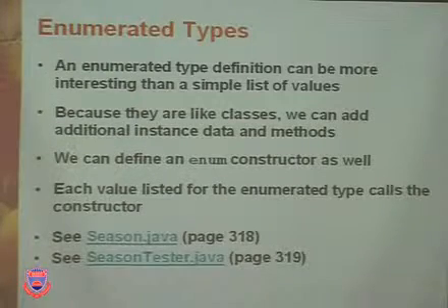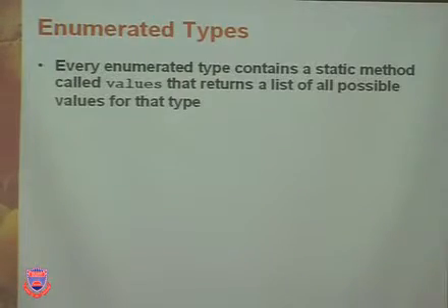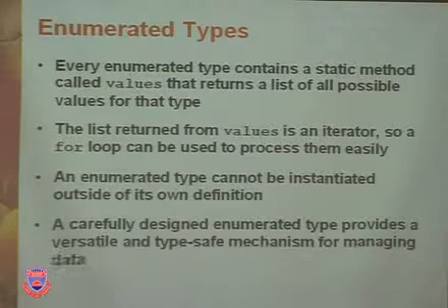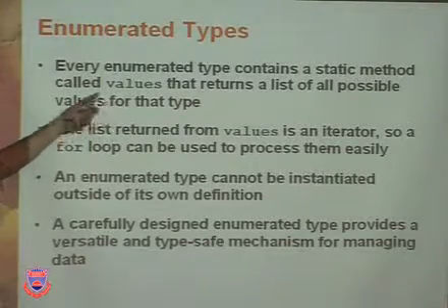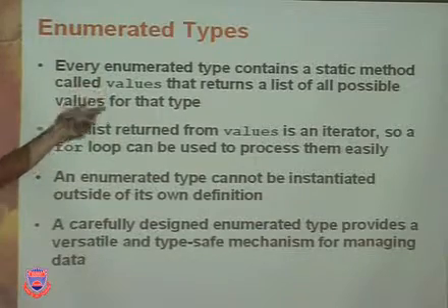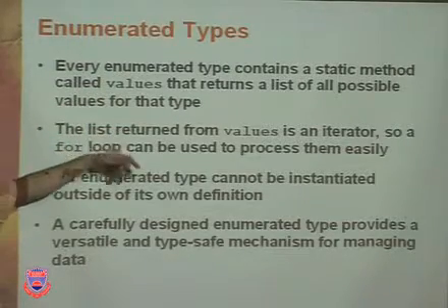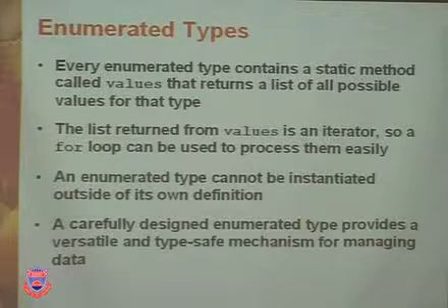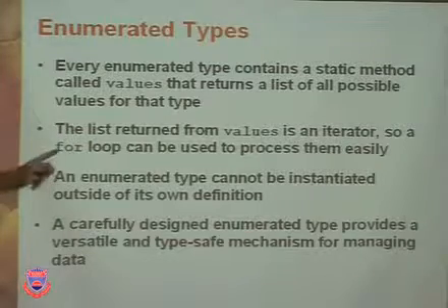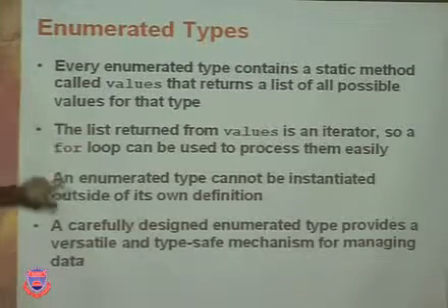Basically, you can go over these enumerated types again, since we have seen this before. Every enumerated type contains a static method called values. If you recall, this was a method that we have been seeing, and it gives an iterator over all the values that you have in the enumerated type. We use the for loop again.